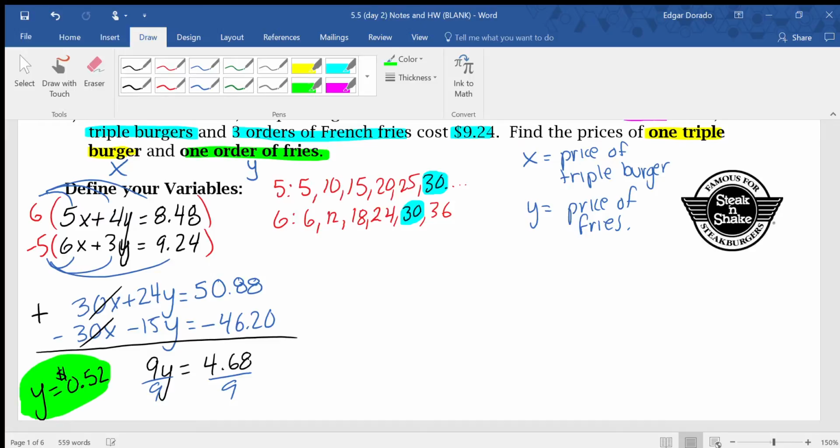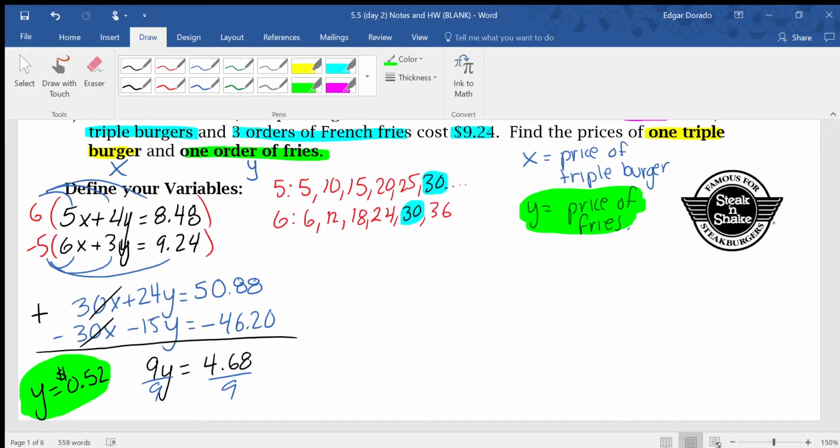So my answer here for y is $0.52, or another way to say that is 52 cents. So that is my price of a fry. Some French fries would cost me 52 cents at this Steak and Shake.